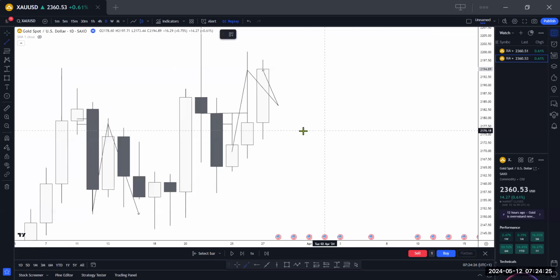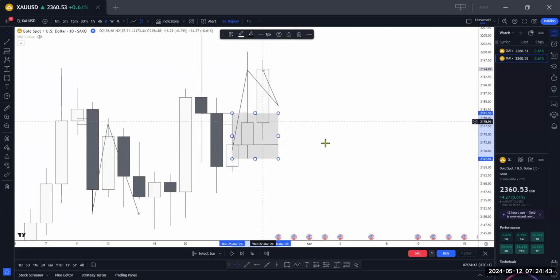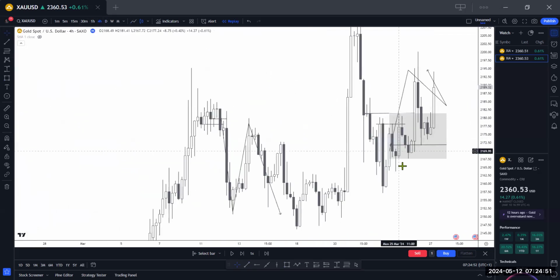One of the things I would have chosen is this gap level, right? Price tapped that gap level, rather price used this level. Of course, we have a hidden engulfing. I'm going to explain that next. So when I explain hidden engulfing, we'll come back to this particular entry.